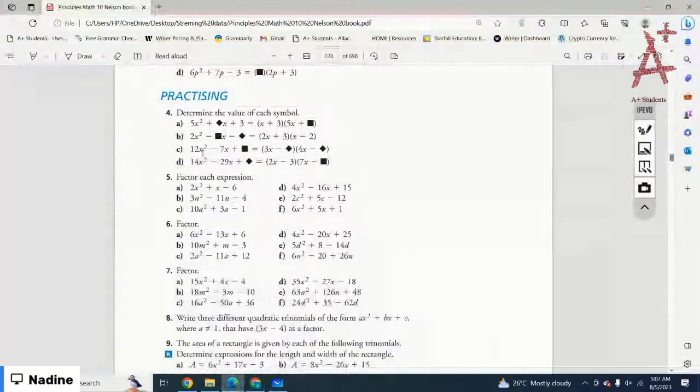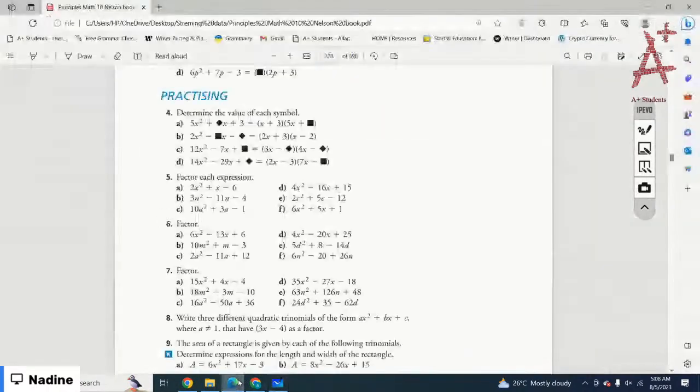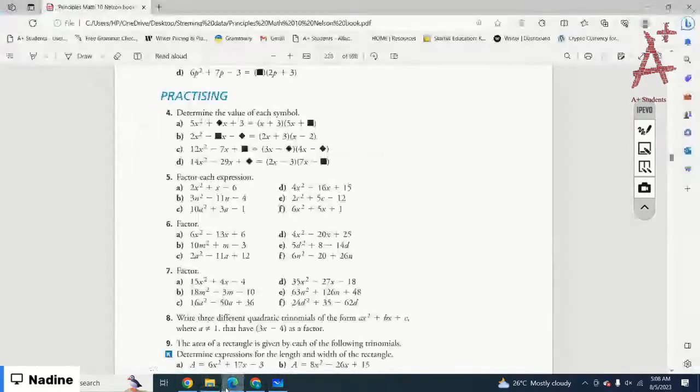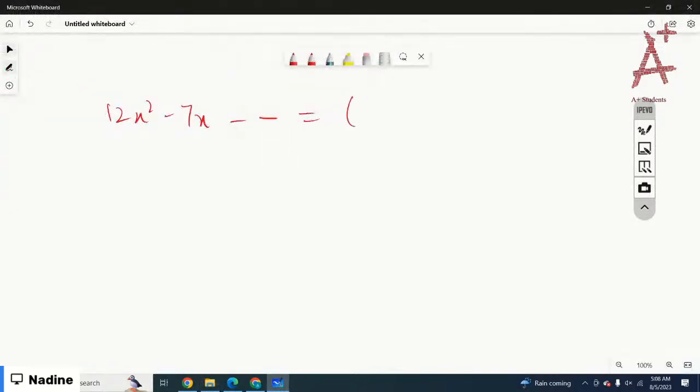Okay, the next one is 12x squared minus 7x plus missing number, right? So let's do C. 12x squared minus 7x plus the missing number equals 3x minus missing number and 4x minus missing number. Okay, here you have negative 7x, right?